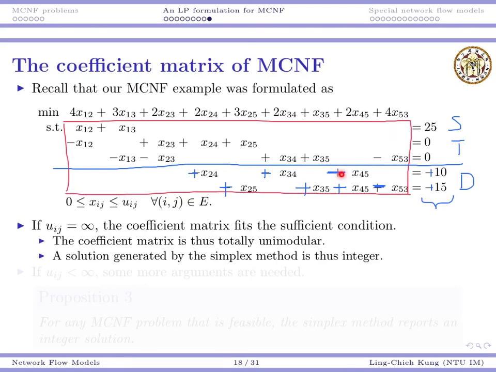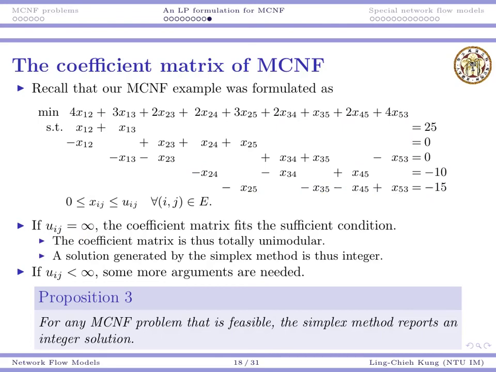Okay, this is minus, minus. So this indeed satisfies the third condition we need, and it's not unbelievable that any general MCNF problem satisfies this condition. Okay, so as long as we have this, it's very easy to show that the MCNF problem has the coefficient matrix being totally unimodular, and therefore for MCNF problems, an integer program can be solved by just running the simplex method once.